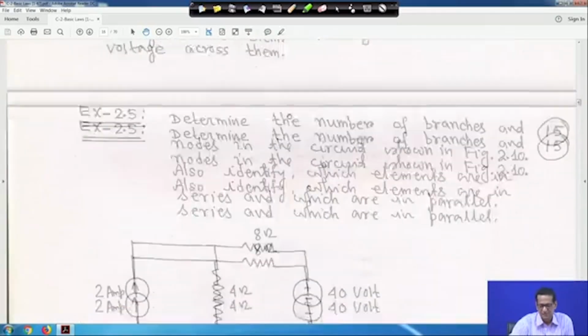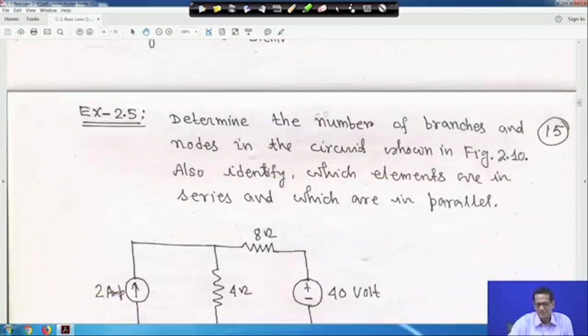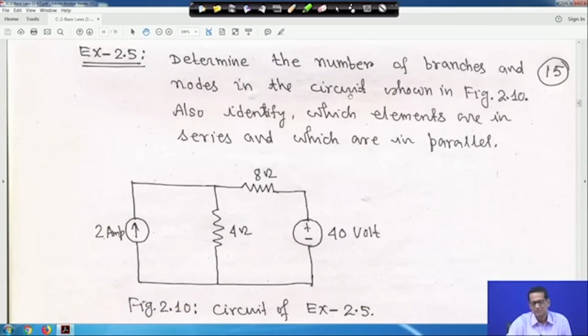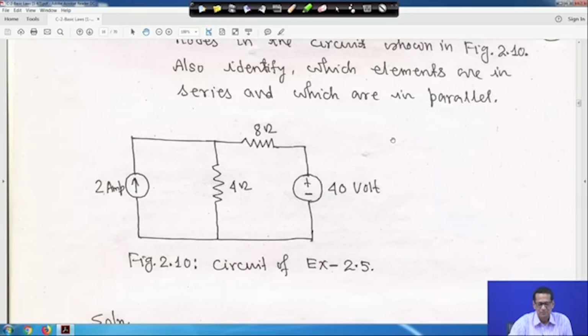For example, a circuit is given, and you have to find out the number of branches and nodes in the circuit shown in figure 2.10, and also identify which elements are in series and which are in parallel. This is a simple problem.